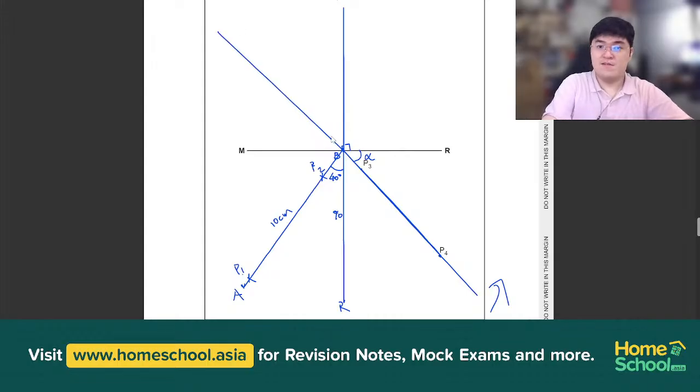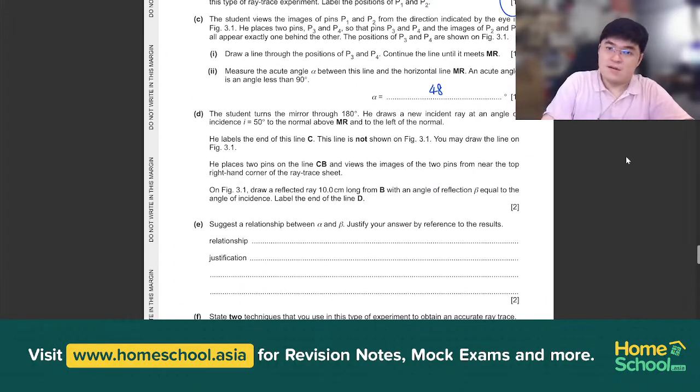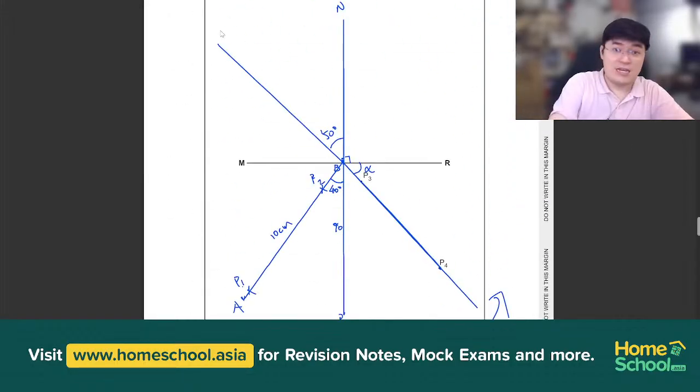This should be 50 degrees. And he labels the end of this line C. This line is not shown in figure 3.1. You may draw the line on figure 3.1. Of course, I will draw the line. This is C, okay? This point is C.